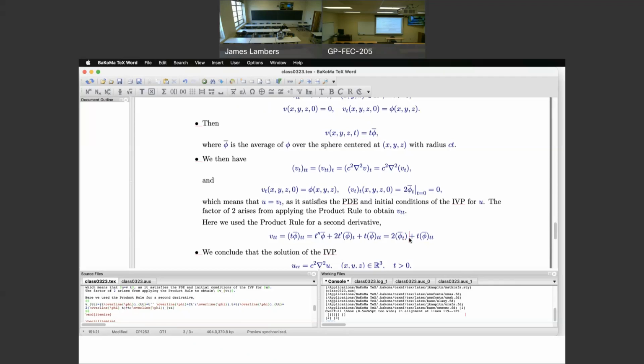But phi is not a function of t; it's a function of x, y, and z. So that's why all of this turns out to be 0.